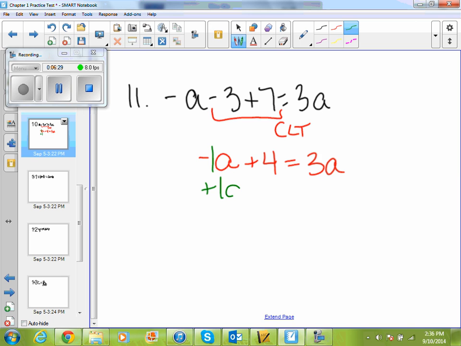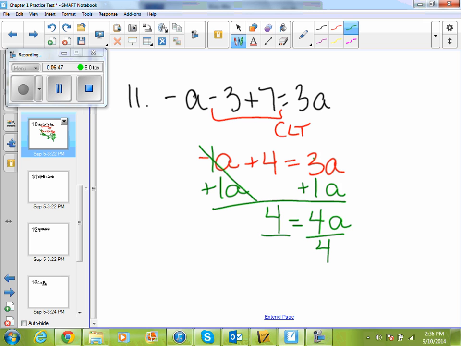Add 1a. So I'm going to add 1a to both sides. That then cancels. I bring down my 4. 3 plus 1 is 4a. And what's going to be my last step? Divide by 4. So what does a then equal? 1.